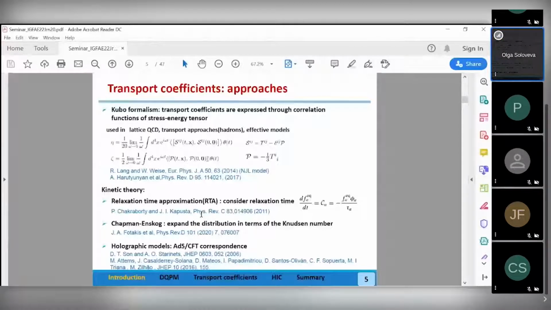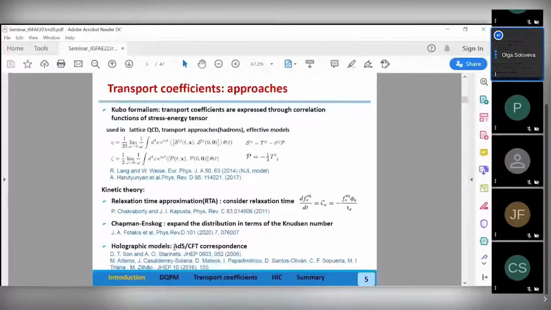Okay, thanks. And here are a few data for lattice QCD, but it's a bit old data, just to give a picture of how it looks. There are a few methods which you can use in order to calculate the transport coefficients.